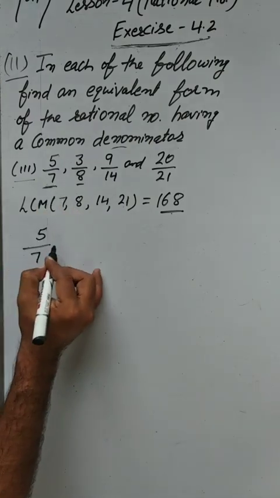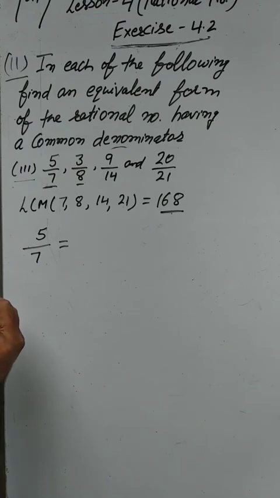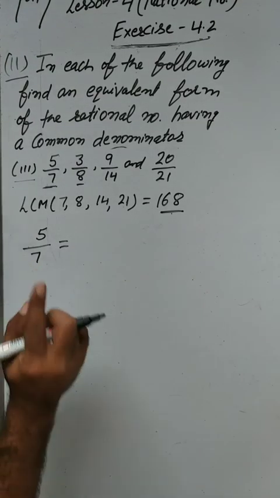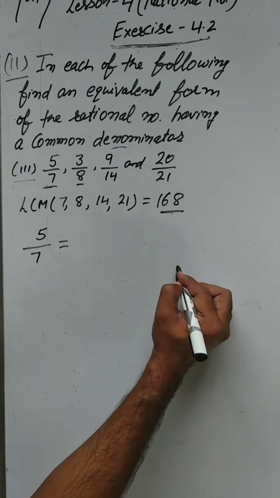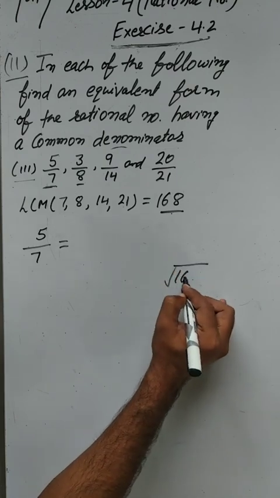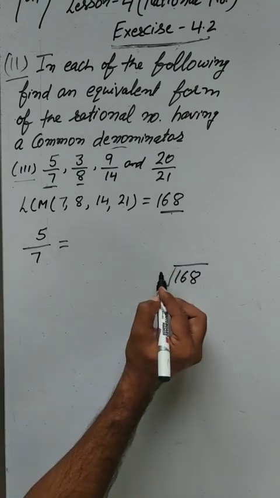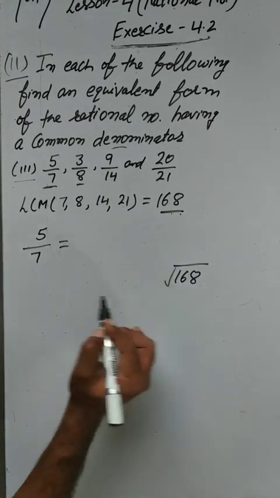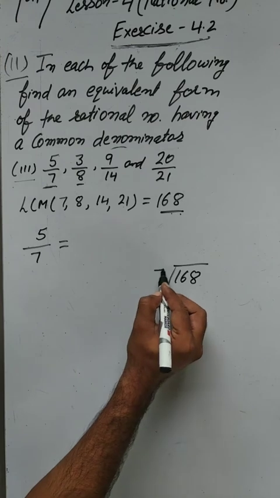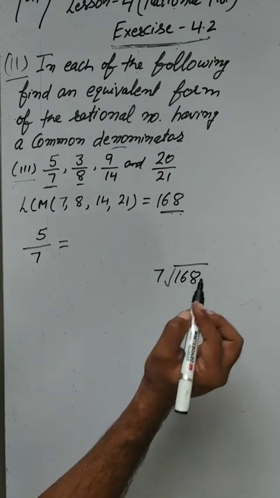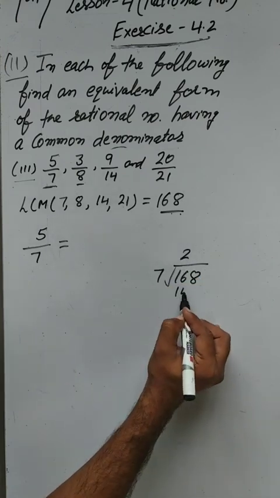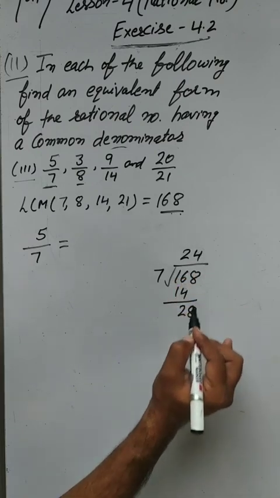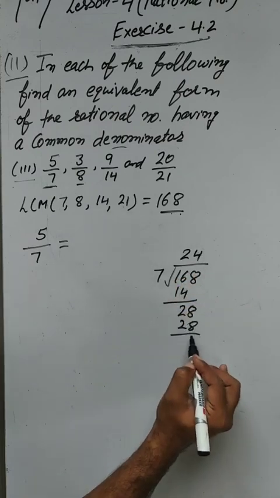Now beta, how can I change 7 into 168? With what number do I have to multiply 7 to get 168? You can check in your rough work, by division. I want to change 7 into 168. So 168 divided by 7. 7 2s are 14, 7 4s are 28.